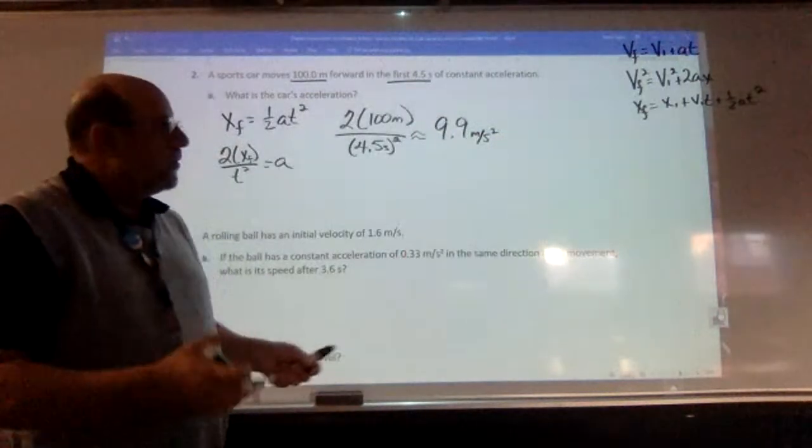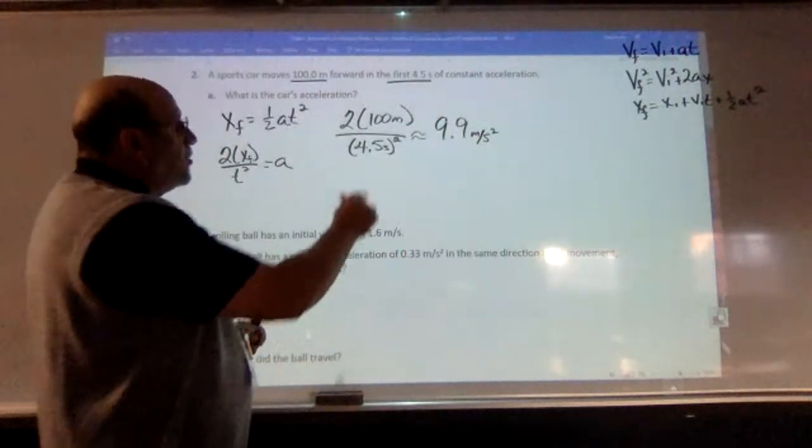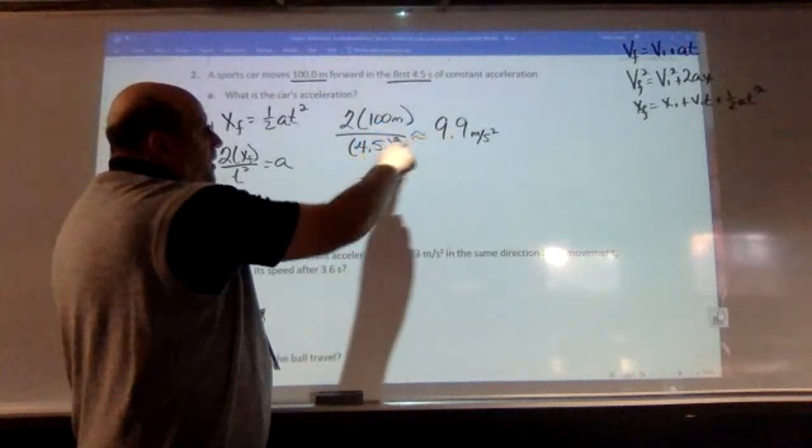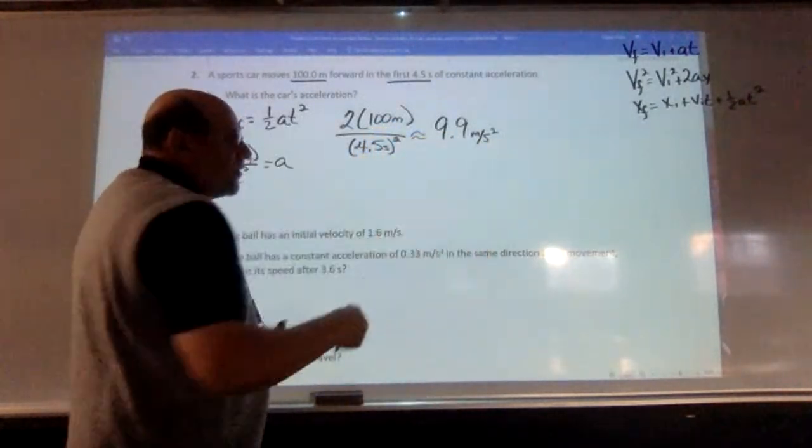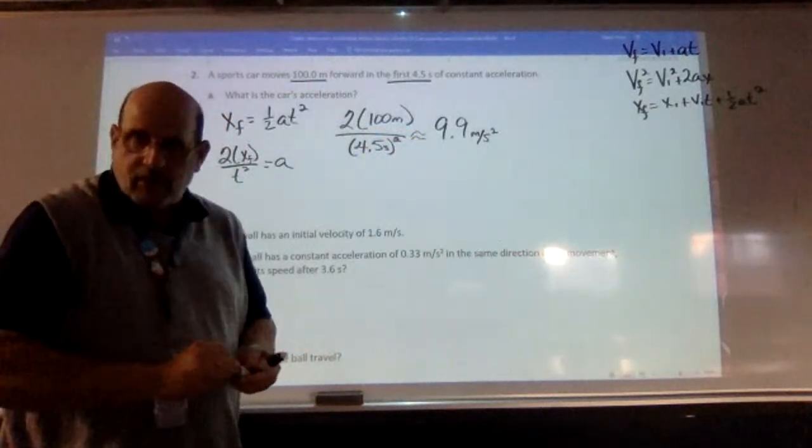Good? And there it is. So we're going to move on. I just want you to remember this is meters, seconds, but because we squared it, meters a second squared. So that's our perfect unit.